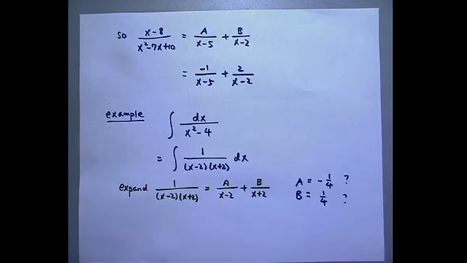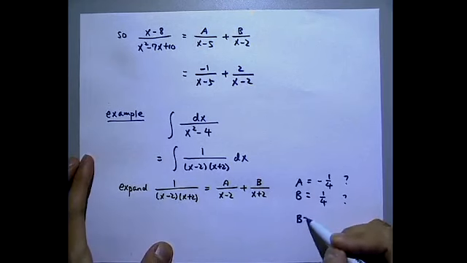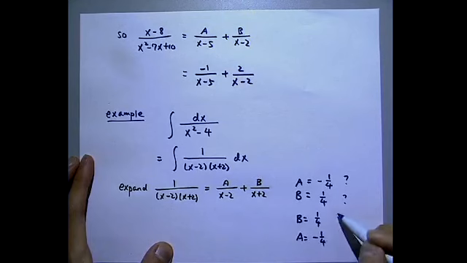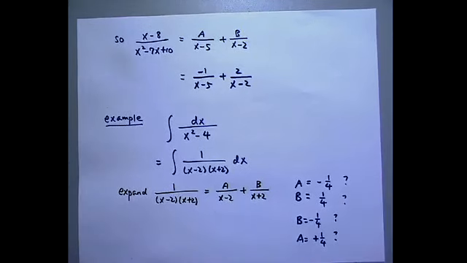Who has another answer? You have A and B in reverse, okay. I had them reversed too. Oh, that's funny. Okay, let's find out which one it should be, okay?